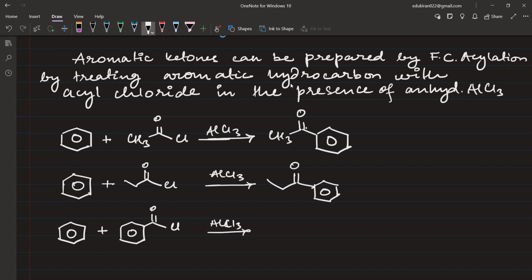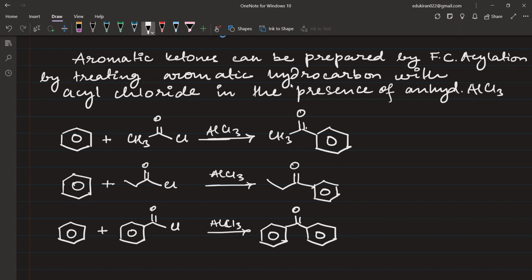Here also same thing. You just remove the Cl. Don't write the Cl. You have a benzene ring, and then the carbonyl carbon. The rest will be another benzene ring from here. So first of all, you will write whatever the acyl chloride part is, except the chlorine. And after that, you will add the benzene ring.